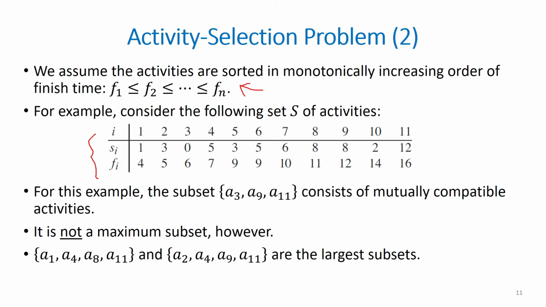For this example, the subset A3, A9, and A11 consists of mutually compatible activities. This is a feasible solution, but this is not the best solution, as we have subsets A1, A4, A8, and A11, as well as A2, A4, A9, and A11 that are larger subsets.